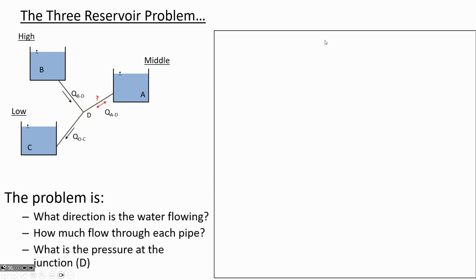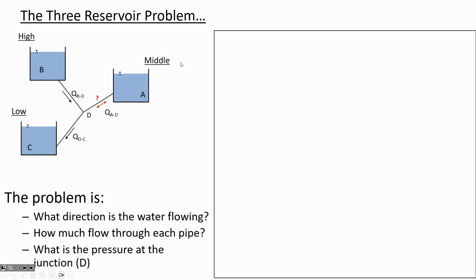So let's revisit the 3 reservoir problem, kind of what we know classically, what we're trying to find out. We'll be given some water surface elevations in reservoirs, and we're wanting to know the flow rate through each pipe. And then if we know the flow rate through each pipe, then that would allow us to determine the pressure at the junction, which may also be something we're interested in.